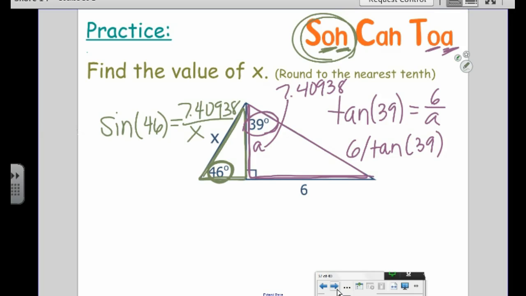Where is the variable? It's once again in the denominator. Denominator divide. All right? So you can just take whatever number is sitting in your calculator, the 7.409, and press divided by sine 46. If you got the same thing as me, you should have gotten 10.3.